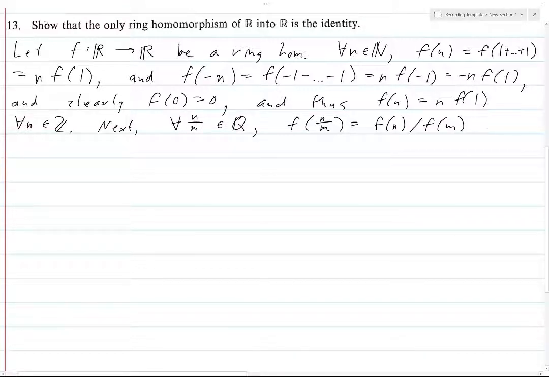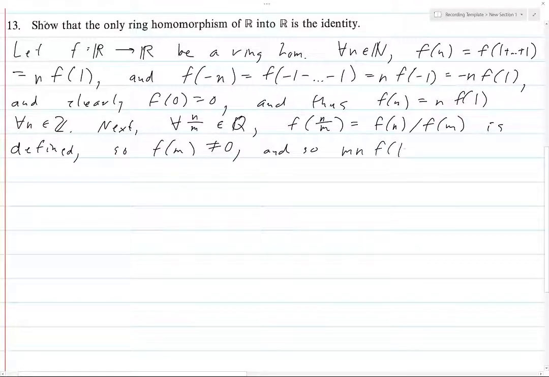This is defined, so f of m is not equal to 0. And so we can do the following computations.